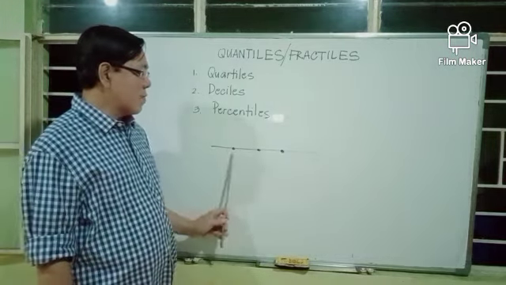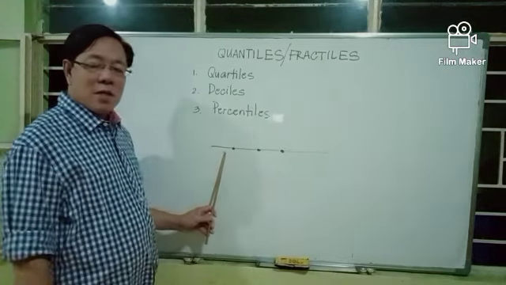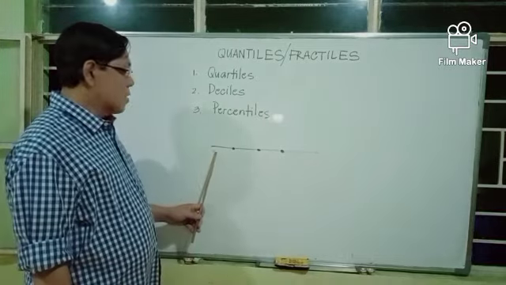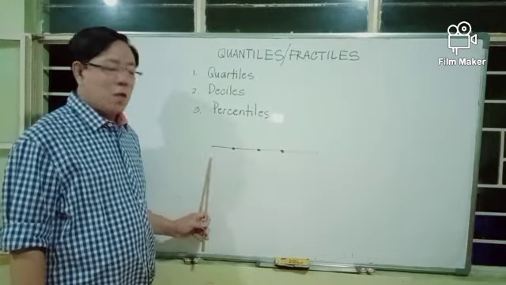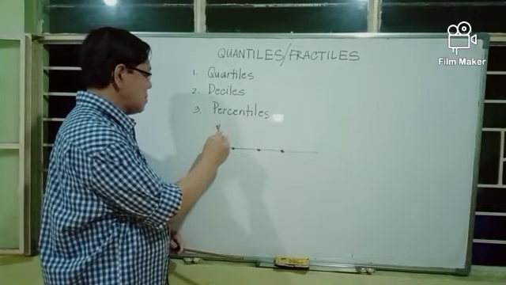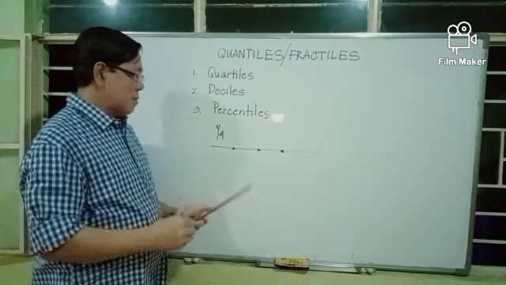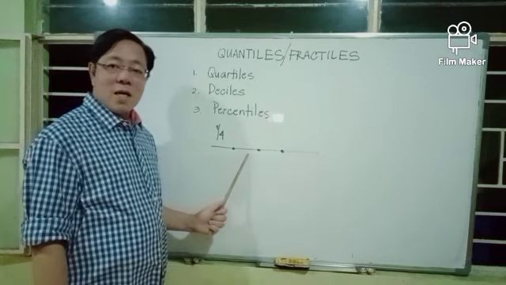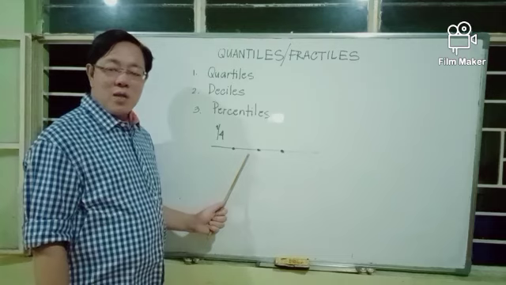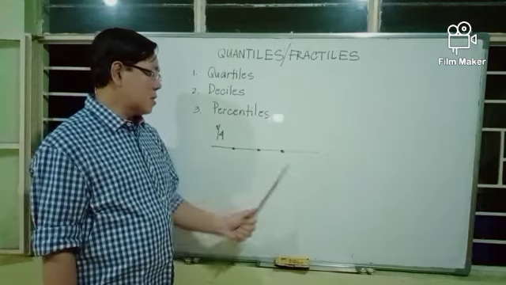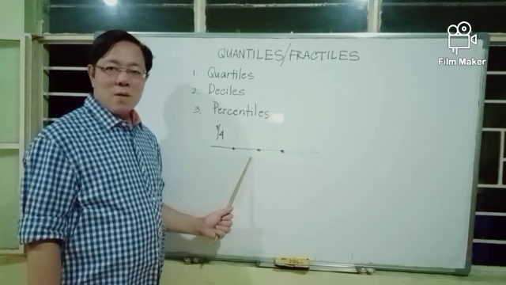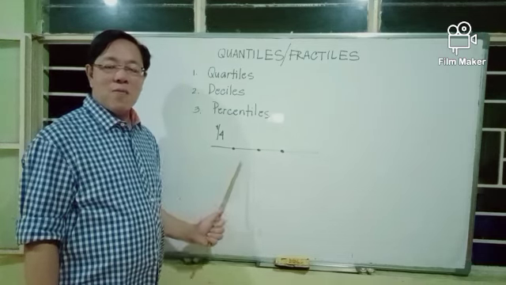And since these are 4 equal parts, this part is 1 out of 4 equal parts, or this part represents 1/4 of one whole. Also, this is the second of the 4 equal parts, and this is another one of the 4 equal parts. So this part of one whole is 1/4 of one whole.